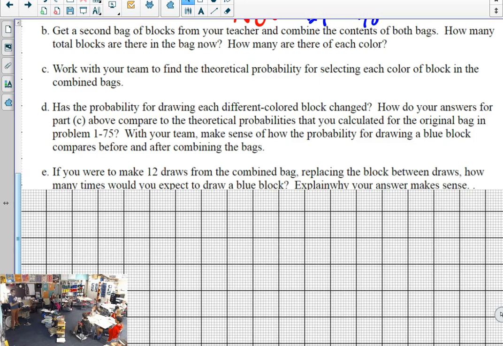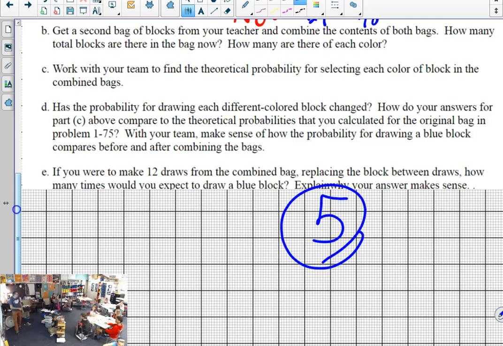If we didn't change the probability, and we're doing the same thing we did before, is that a hand or a stretch? Stretch. Guys, it's going to be, yeah? It's 5. Again, it'll be the same thing. If the probability did not change, the same probability will lead to the same outcome. Because we did the same thing over again.